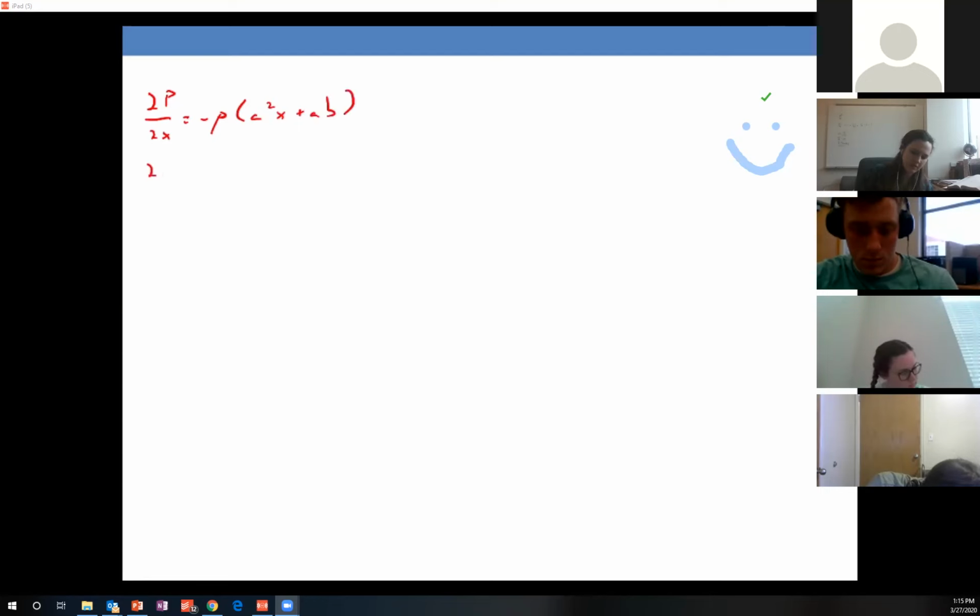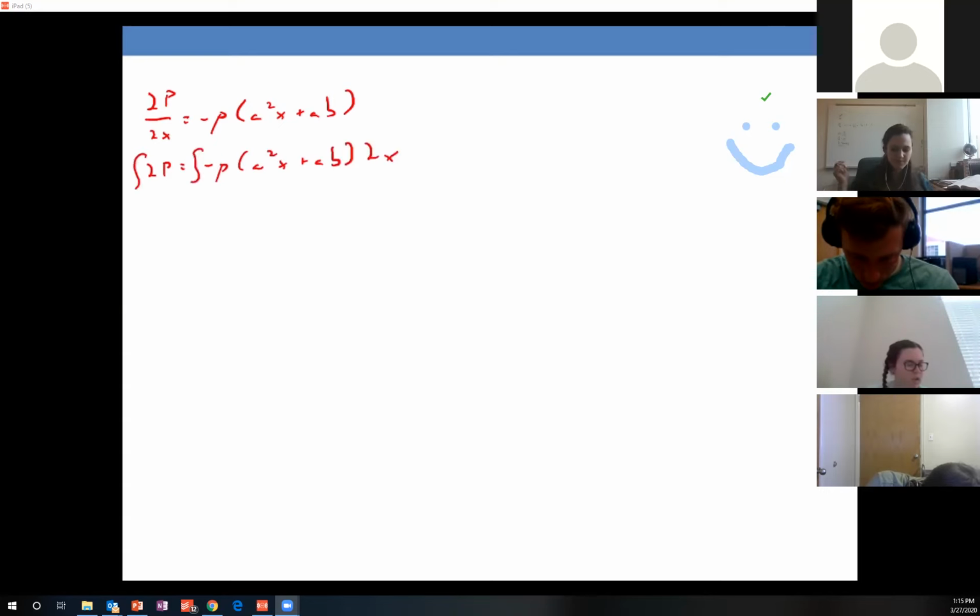So dp is equal to negative rho a squared x plus ab dx. Boom. All right, someone want to solve this for me?